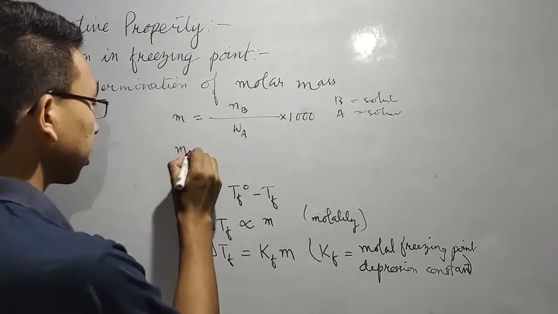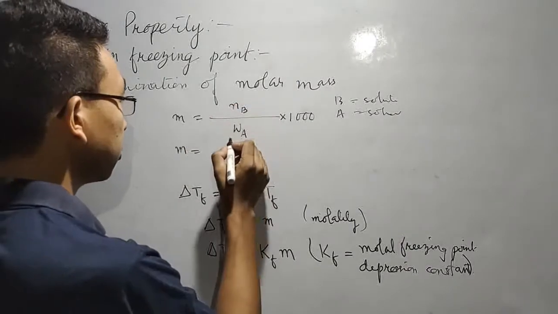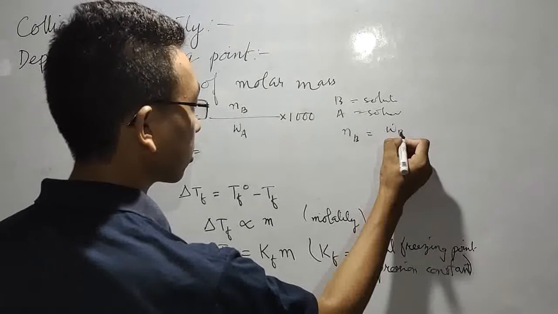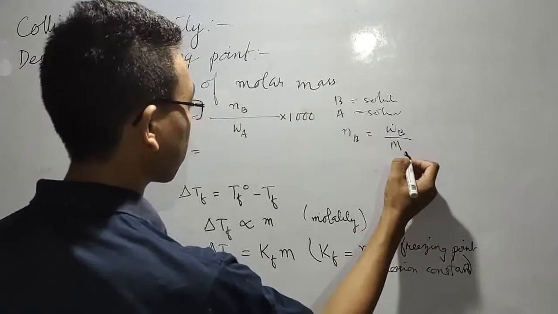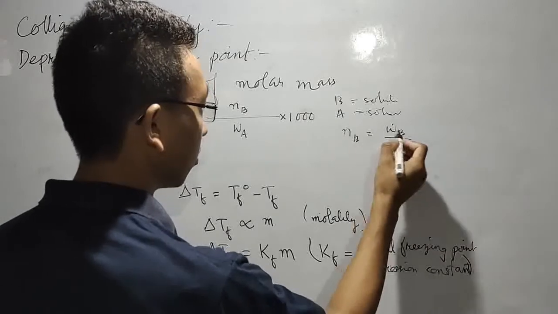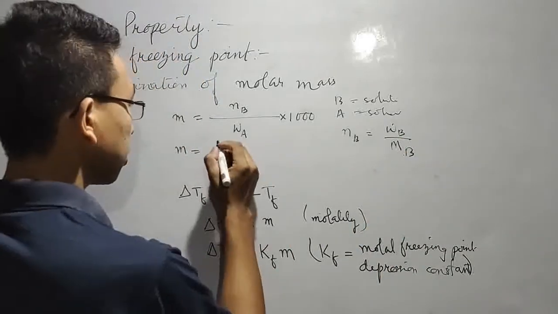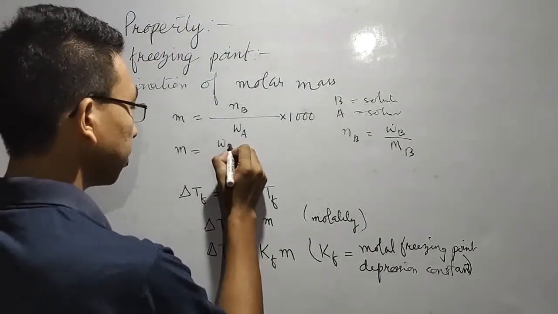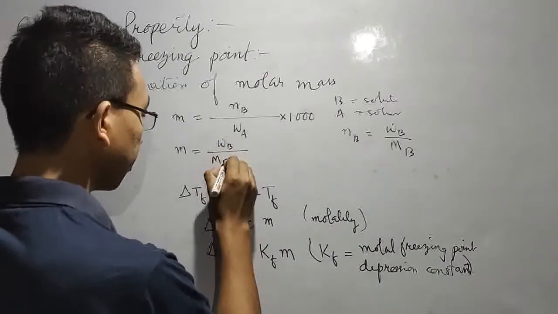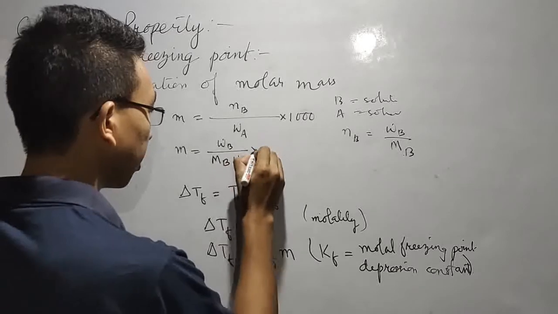Further, NB is equal to the mass of solute divided by the molar mass of solute, so it will be WB divided by MB into WA, multiplied by 1000.